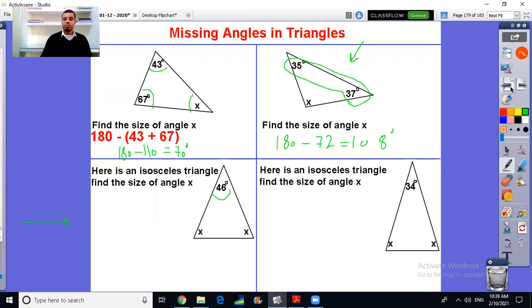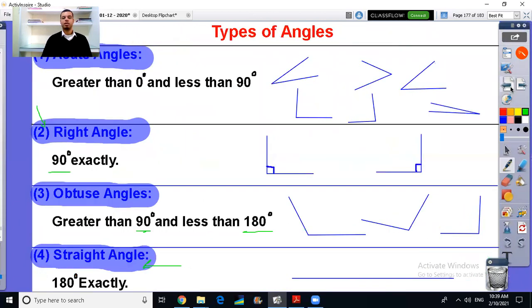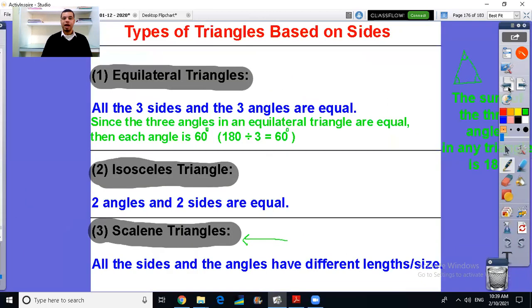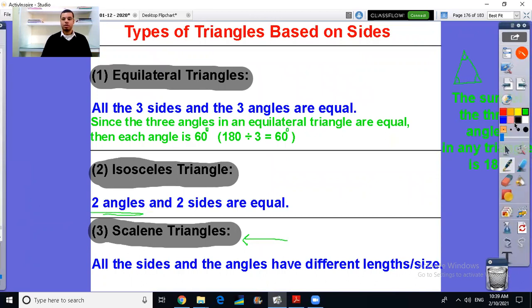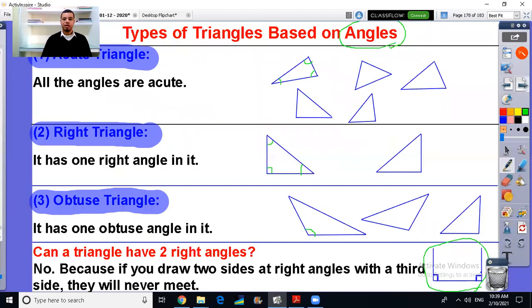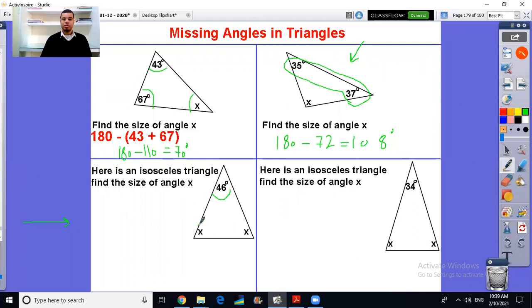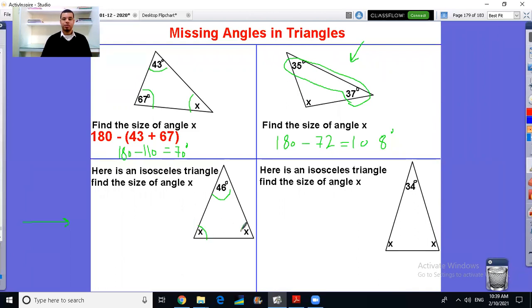And if you remember what we said about the isosceles triangles, we said that they have two angles that are equal. So let's go back to this. This means that this and this are equal. All right, how can I find them? I want to find what they both are together.